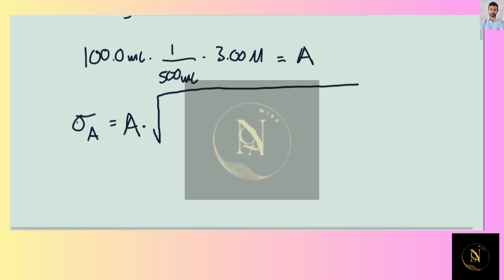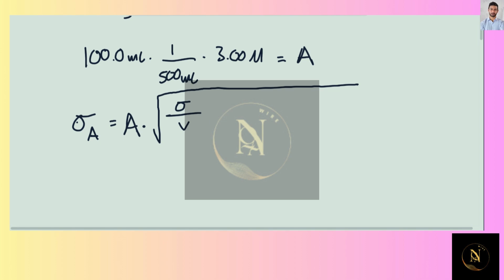For each of these terms, you take the uncertainty in that measurement, the little delta, divided by the value itself, square it, and then add all of them together.